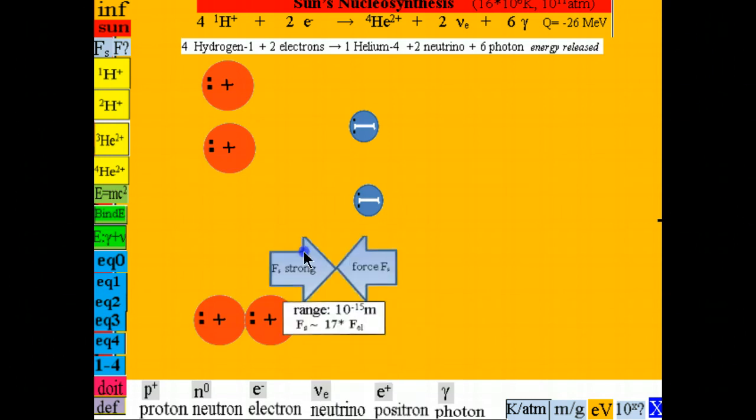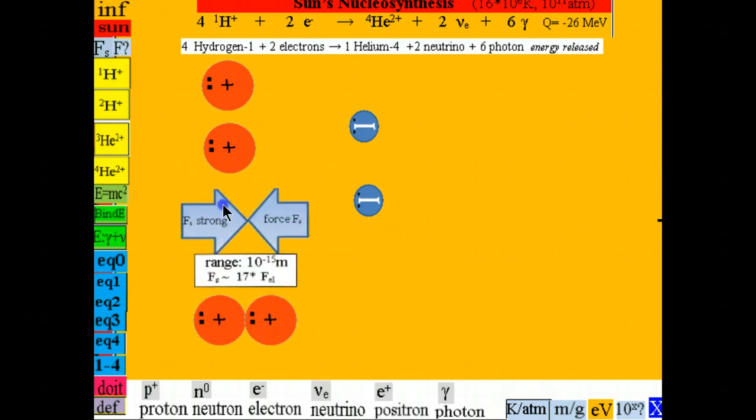And suddenly a new force comes out, which is called the strong force, that is 17 times faster than the electric force, that holds these two protons together. And they have to get very, very close together. The range is 10 minus 15 meter.